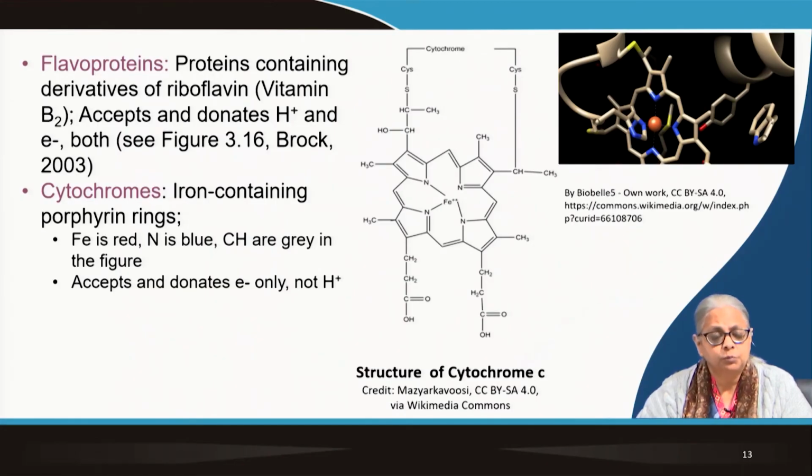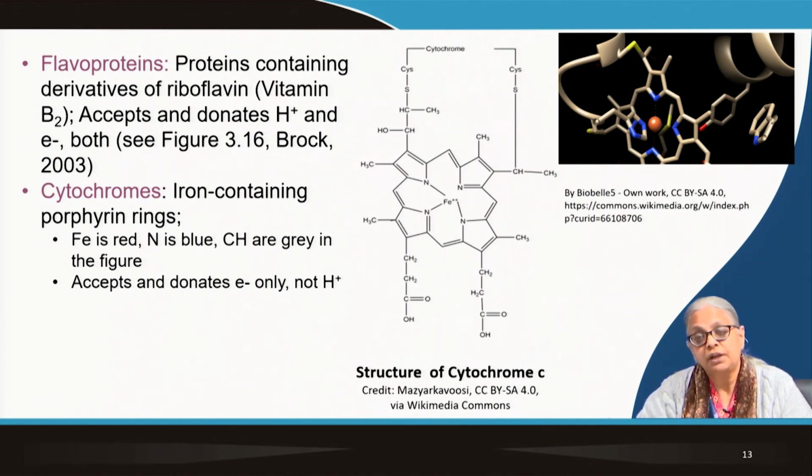Then we come to flavoproteins. Now, flavoproteins are proteins that contain derivatives of riboflavin, which is vitamin B2. These flavoproteins are capable of accepting and donating both protons and electrons, and I am referring you to the textbook again to see the structure of the compound and how and why protons and electrons can be accepted or donated.